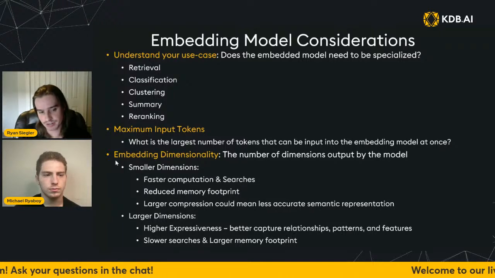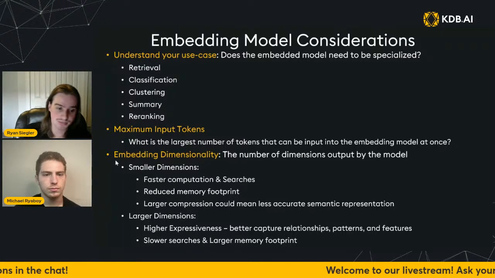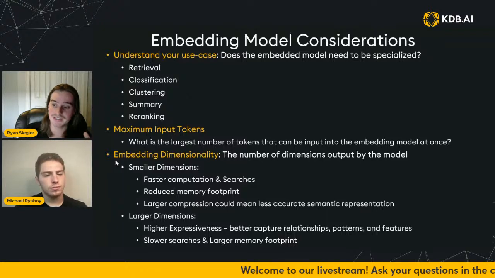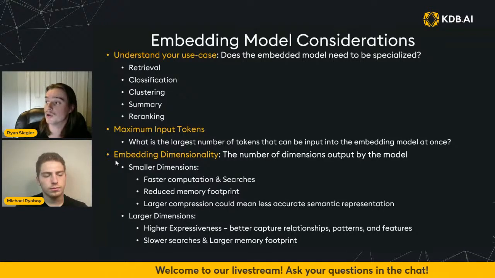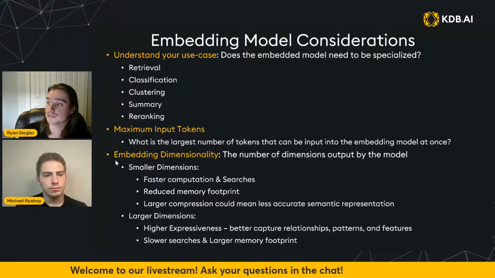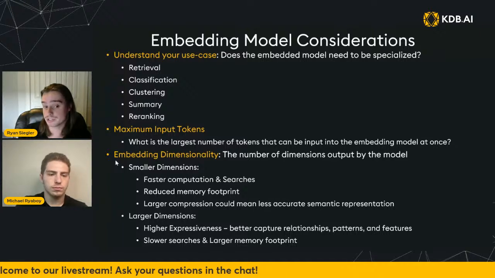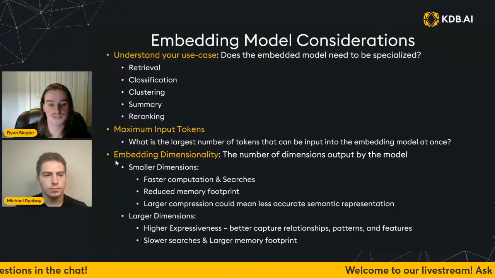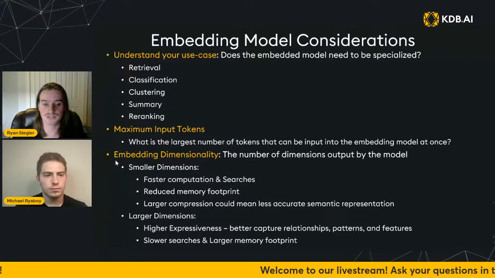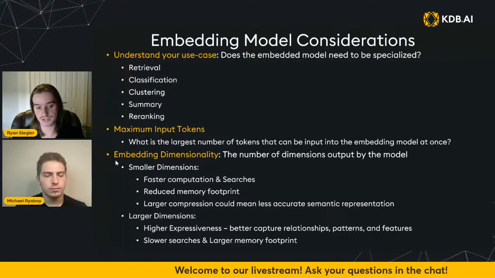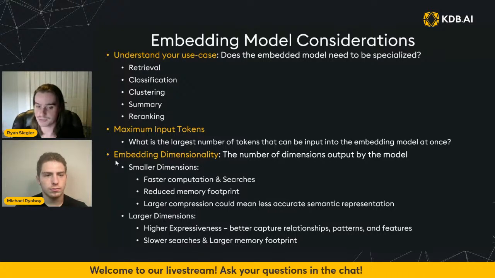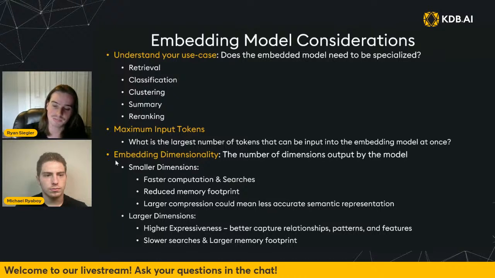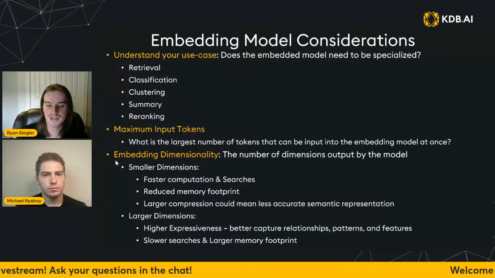Now, on the other side of the coin, if you have larger dimensions, say you're using one of OpenAI's new embedding models, text-embedding-3-large, in that case you have 3072 dimensions. So you're going to get extremely high expressiveness in those vector embeddings. You're going to be capturing the most possible semantic meaning within them.